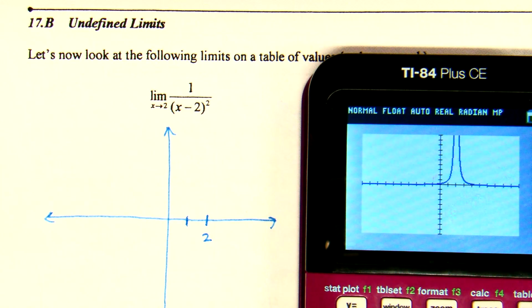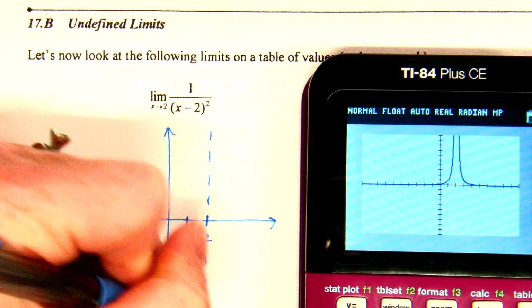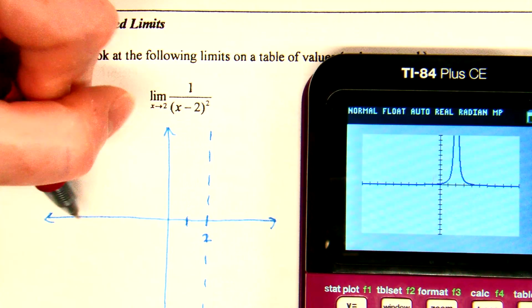How do I know that asymptote is at 2? Never touches 2. Or remember, vertical asymptotes happen when we set the denominator equal to 0. So there is a vertical asymptote at 2. You can also tell that by looking at your graph, right?